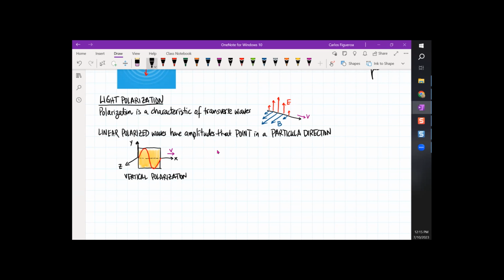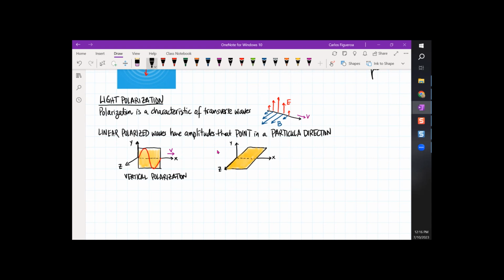Now I can do the exact same thing here. And so now what I'm going to do is create a horizontal plane that looks something like this. And then I have my axes again. So here's my y-axis, and then here is my x-axis, and then here is my z-axis.